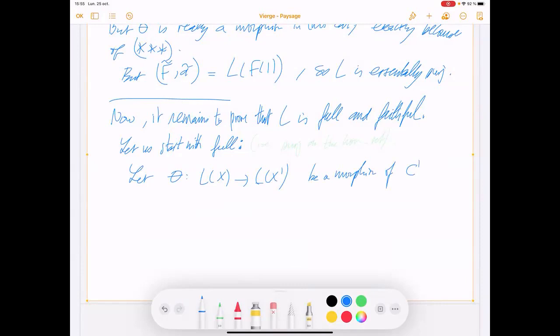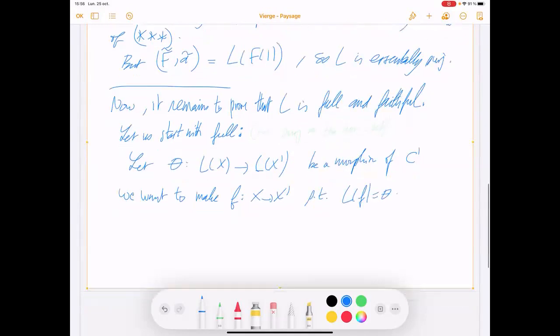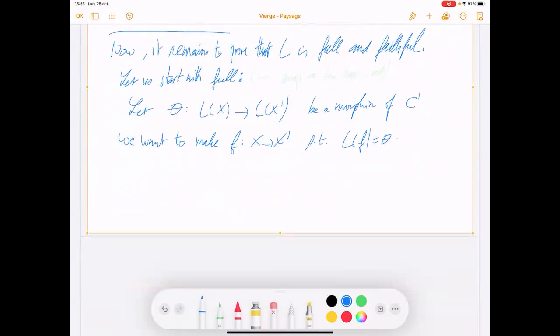And we want to make f from X to X prime such that L of F equals theta. So define F as follows.